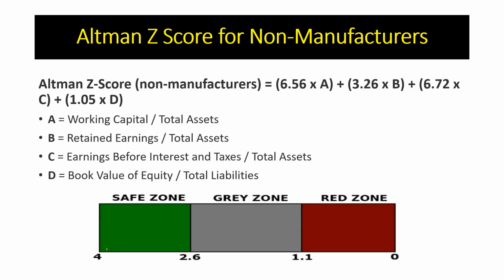It is between 2.6 and 4. So by using this formula, you can calculate the Z-score analysis, predict the financial distress or bankruptcy possibility of your vendor partner, and mitigate your risk.